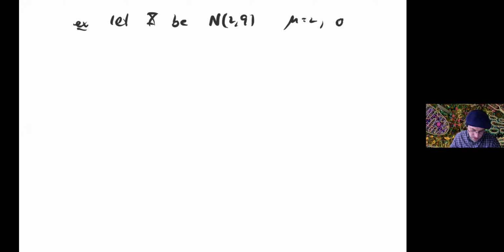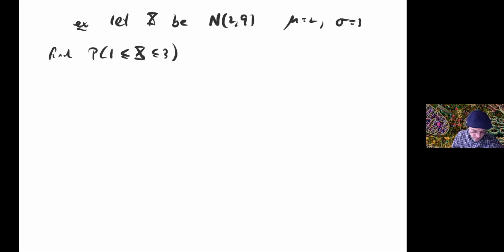Okay, so here's a simple exercise. Let X be N(2, 9). So that means mu is 2, sigma is 3. So find the probability that 1 is less than or equal to X is less than or equal to 3. Well, the way to do this is to convert it to a Z random variable.